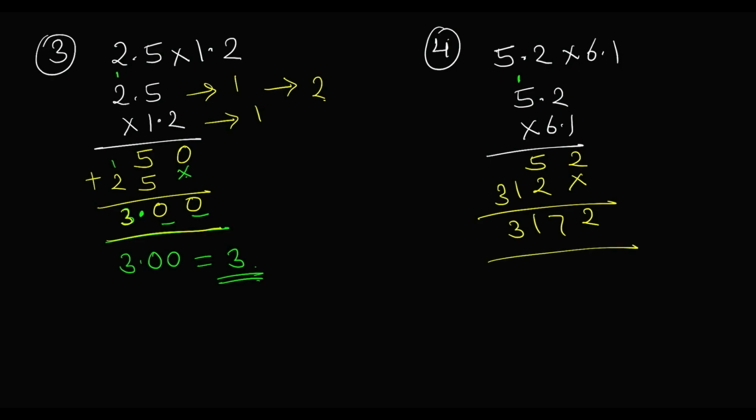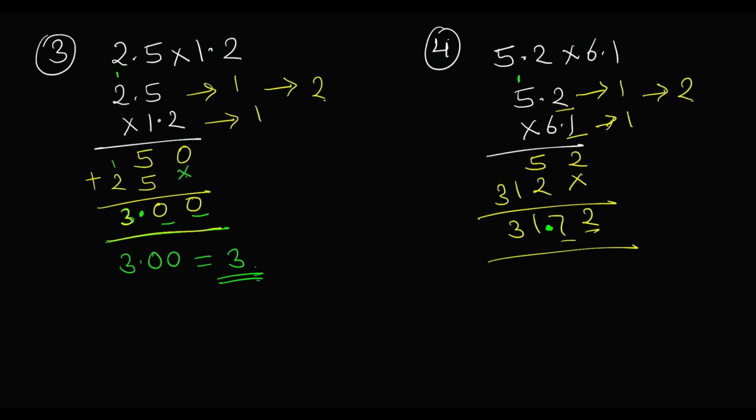Now we will count the decimals. How many decimals are here? Here is 1, and here is also 1. So in total, 2 decimals. So we count 2 digits to place the decimal in the answer, 1 and 2. We put the decimal over here.